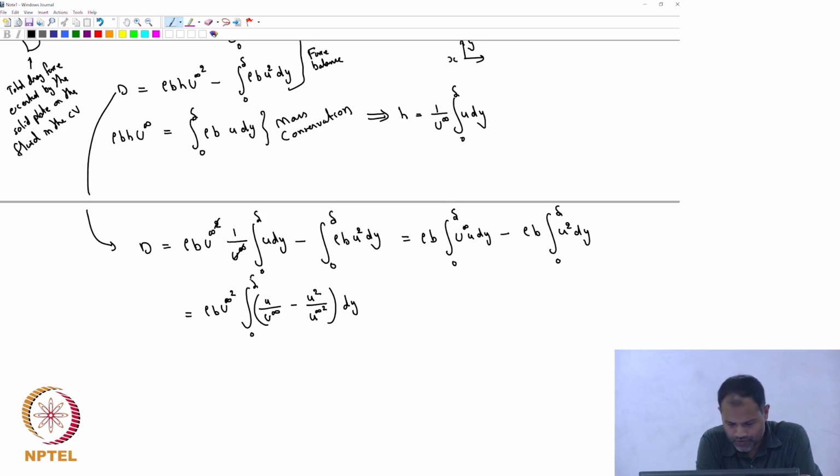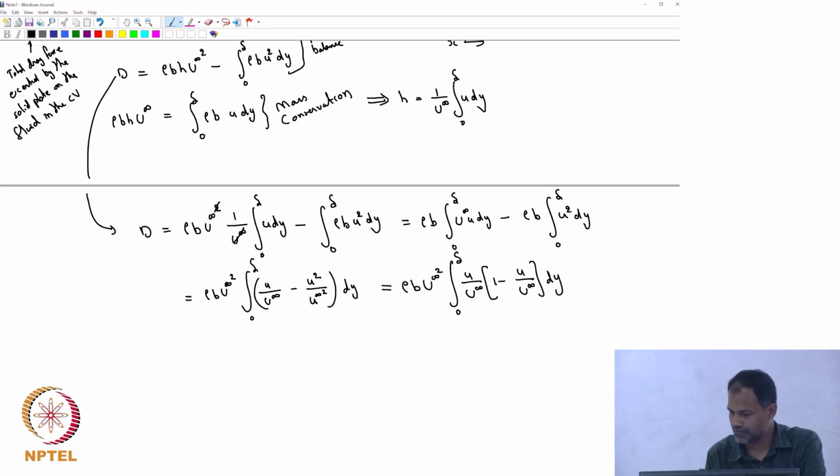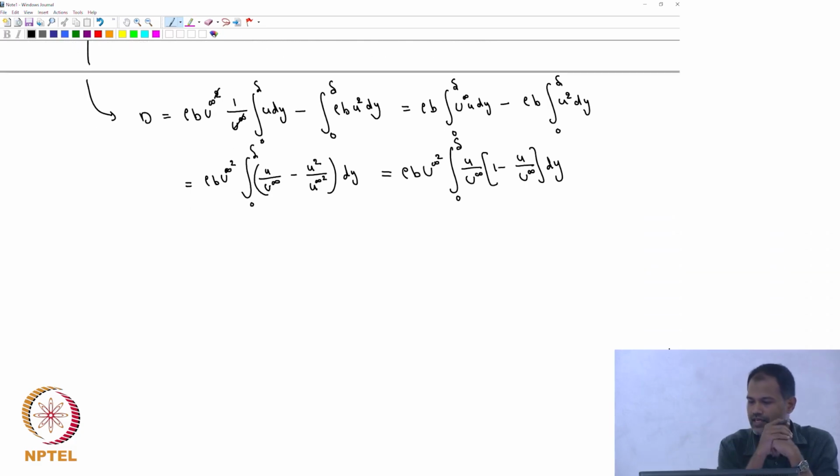Is this right? So that is really the drag force. Now what we are going to do is give this part a name.